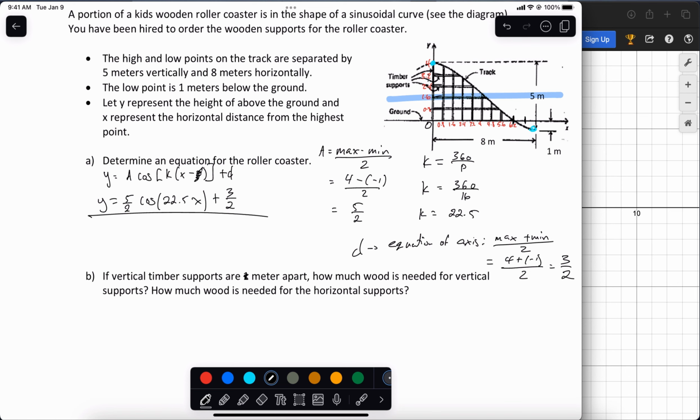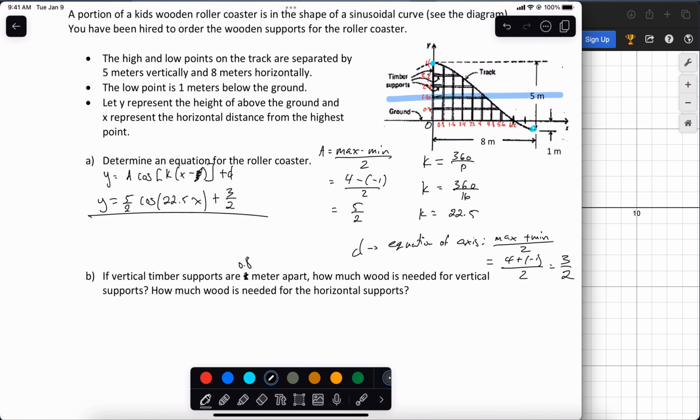And subsequently, to get from 0 to 8 meters, that also has to be 80 centimeter intervals. Okay, so we're going to use 0.8 for this. A little more sturdy, I suppose, if we don't space them so far apart.